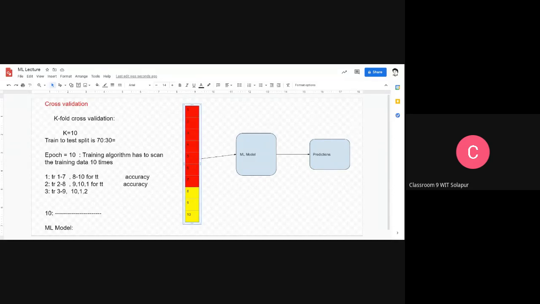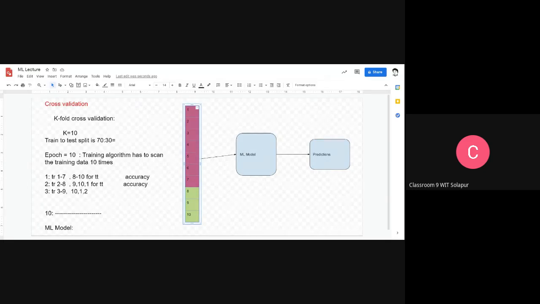If you have wrongly chosen the split, you could miss out some valuable information. But cross validation ensures that each and every sample in the data set goes through the training and testing process.